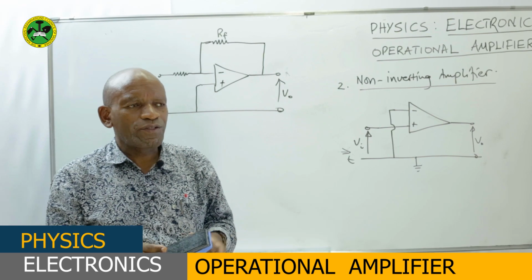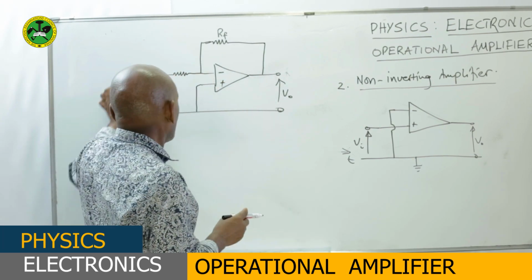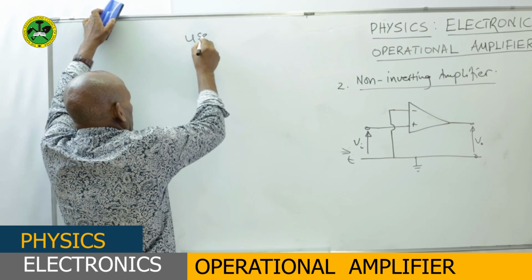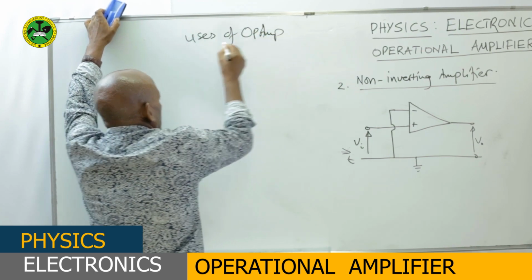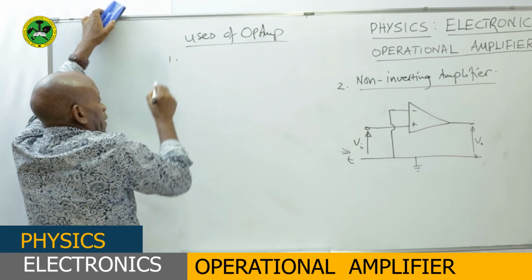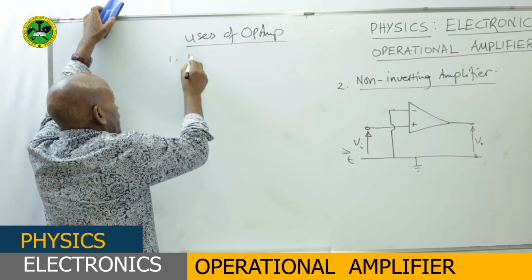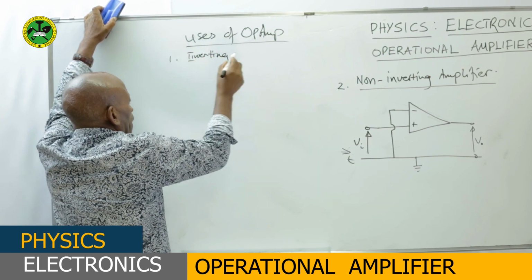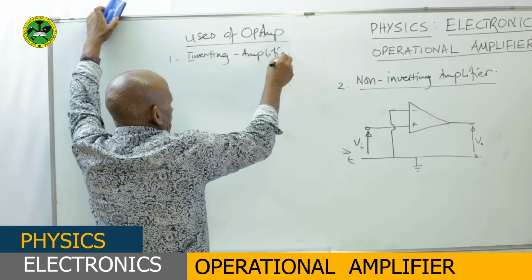Okay, so let us look at the uses of an operational amplifier. There are several uses. First of all, an operational amplifier can be used as an inverting amplifier.